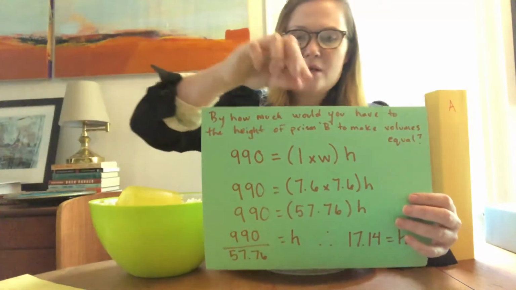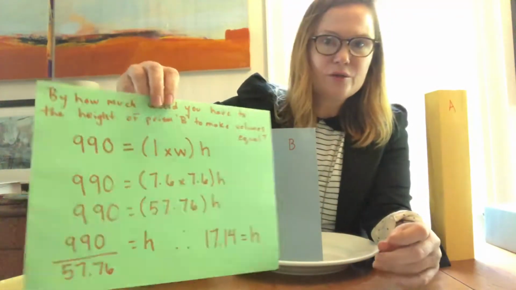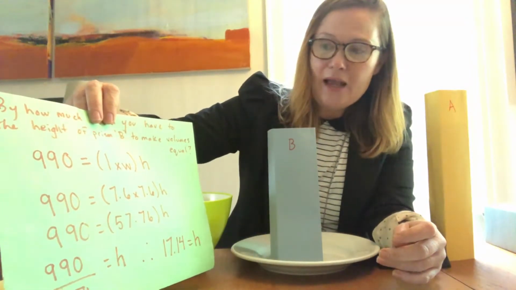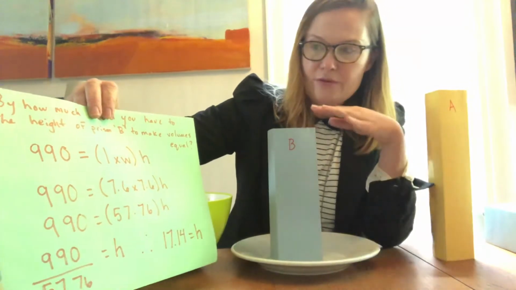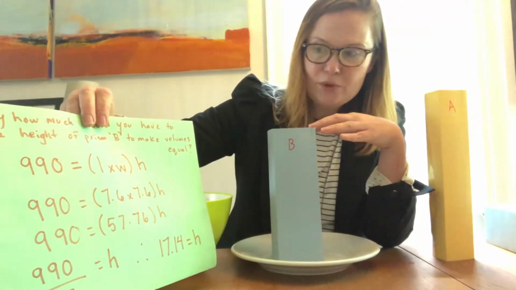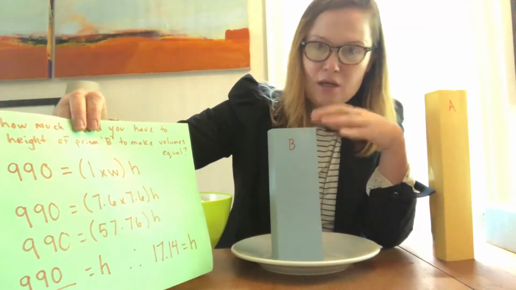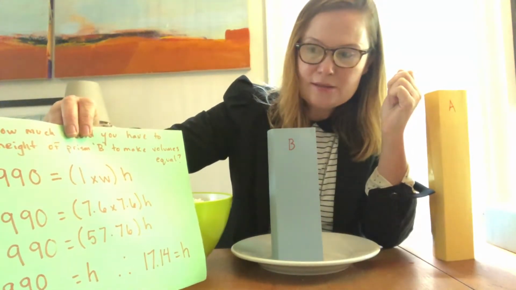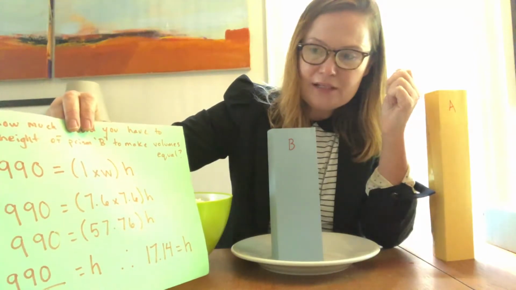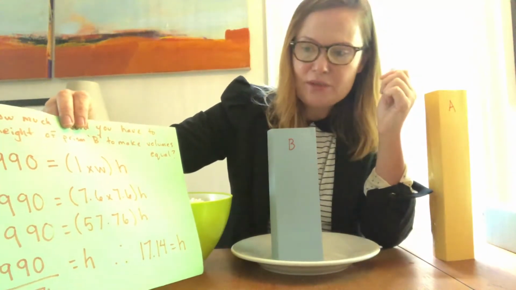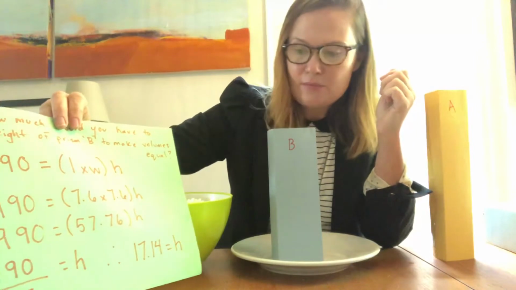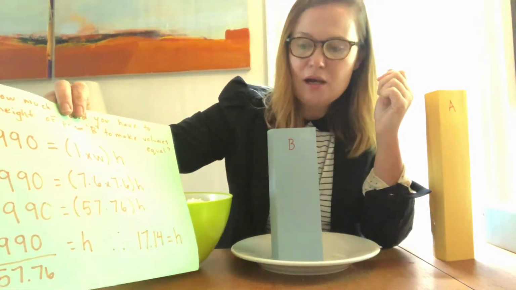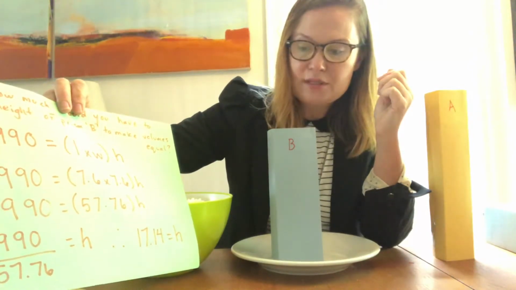I knew that the volume of A was 990 cubic centimeters, and I had the length and width of prism B, 7.6 times 7.6, which is 57.76. When I divided 990 by 57.76, that gave me the height, 17.14 centimeters.